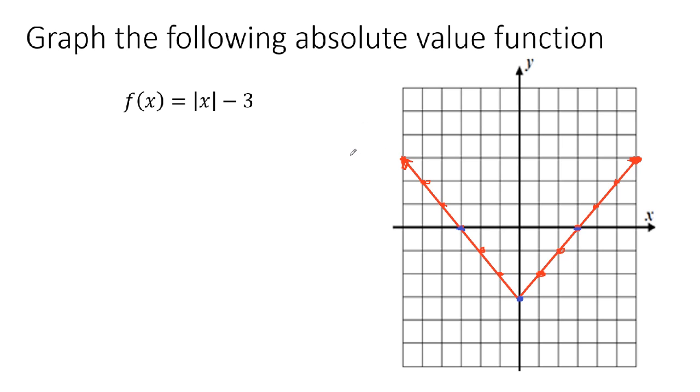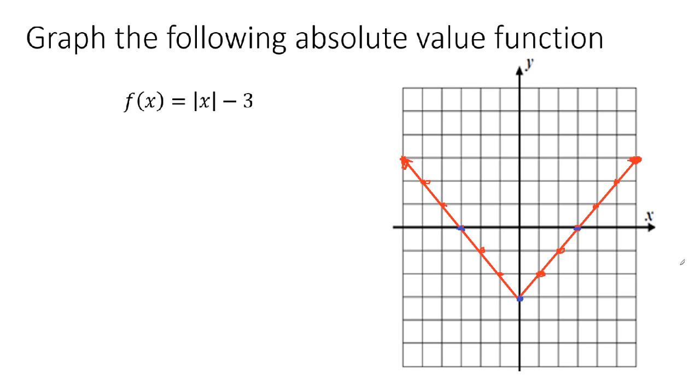The domain goes from -infinity to infinity as we cross the x-axis from left to right. The range starts at -3 and goes to infinity, and that's our range. And that's how we graph the absolute value function.